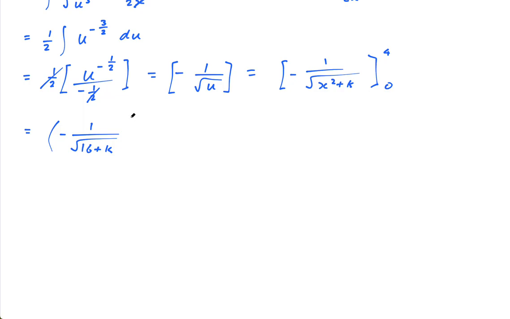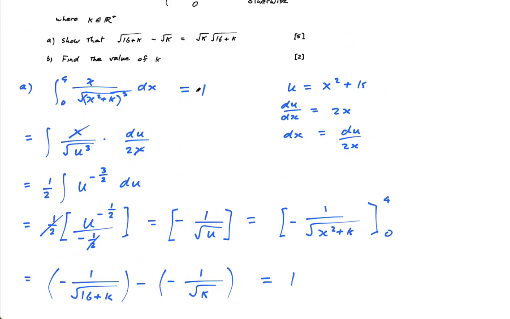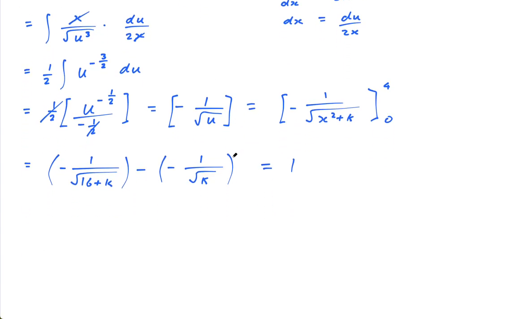And when I sub in my 0, just be careful here, guys, it's minus 1 over, sub in 0, that becomes 0, and it's just root k. Okay, nearly done. This, remember, is equal to 1 from here, because we said the integral equals 1, and I need to show this, so I'm nearly there.